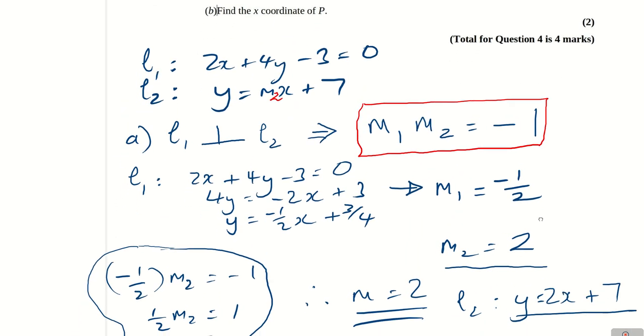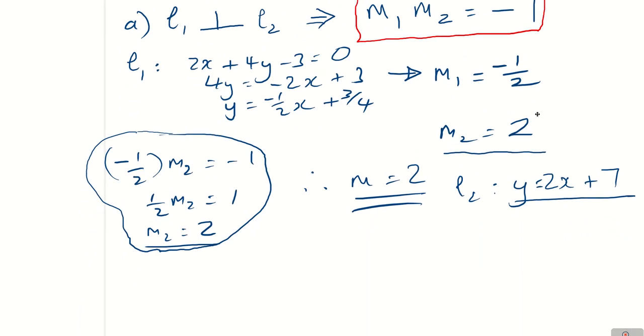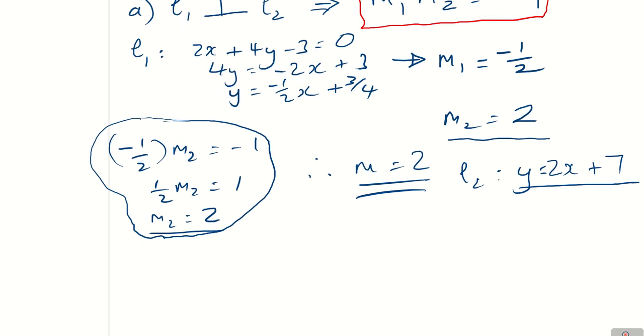So for part B, we've already done the first line in terms of y equals mx plus c, and we've got minus a half x plus 3/4. That has got to be equal to the equation for the second line, so that's going to equal 2x plus 7. By solving this equation, we can then find the value of x where they meet, in other words, the intersection point of the two lines.